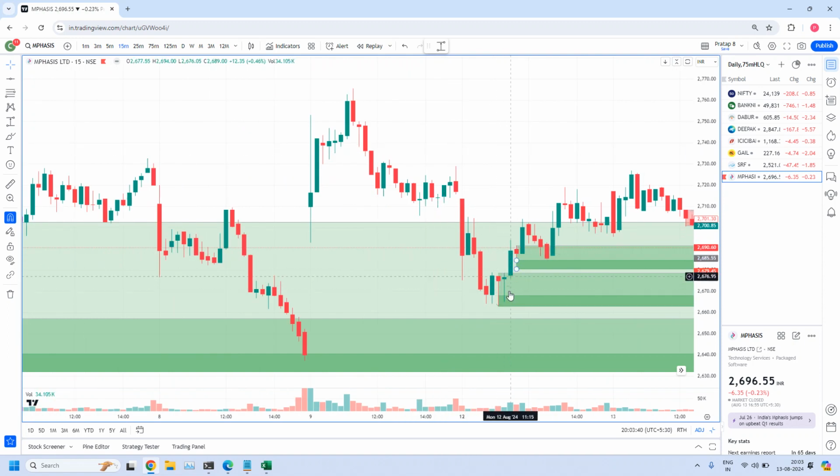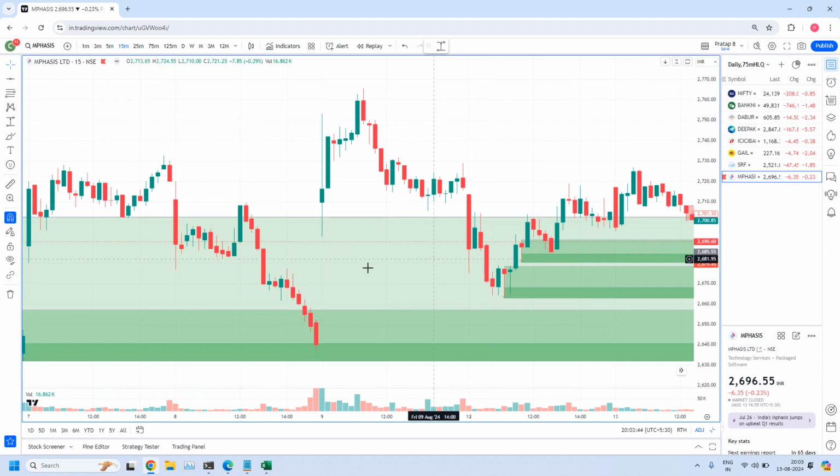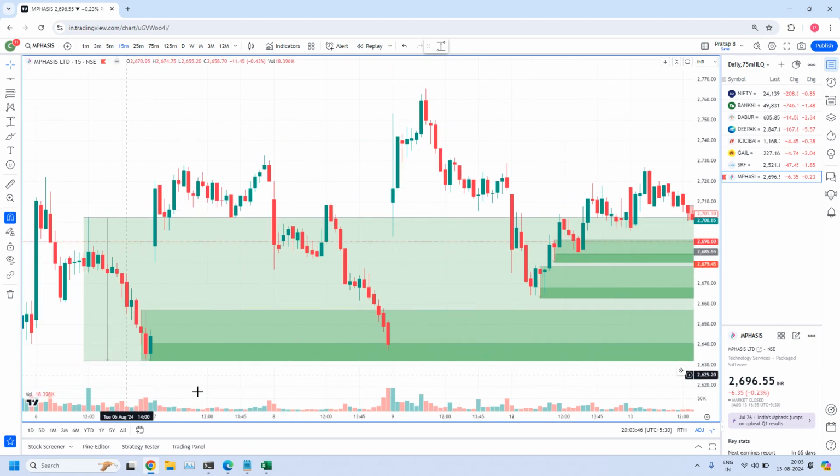So medium size candles, these two. And next, again we have a drop. We have 3 base candles and again a rally candle. First one is a base candle.